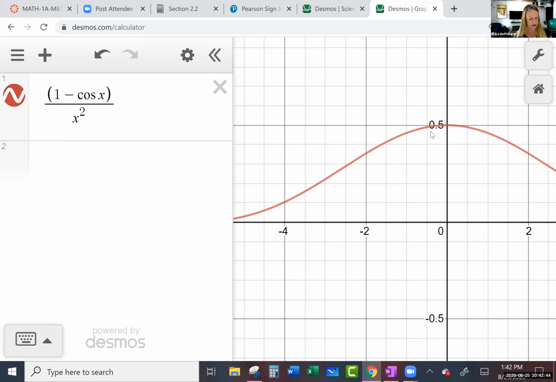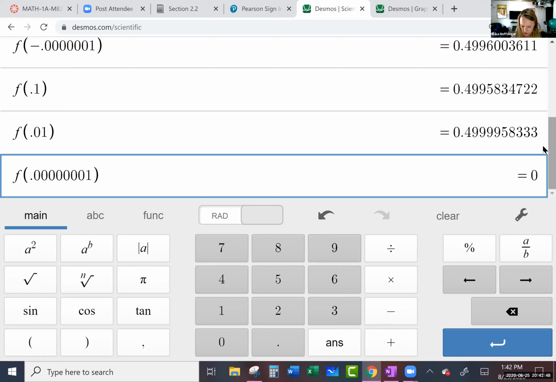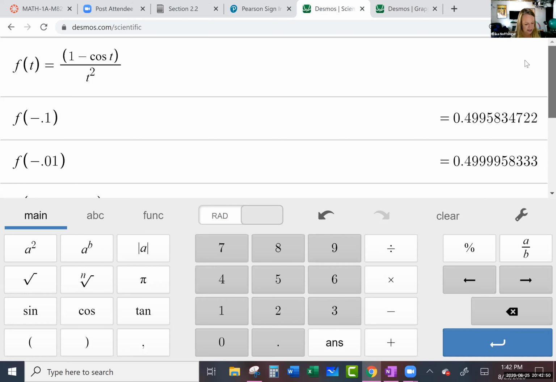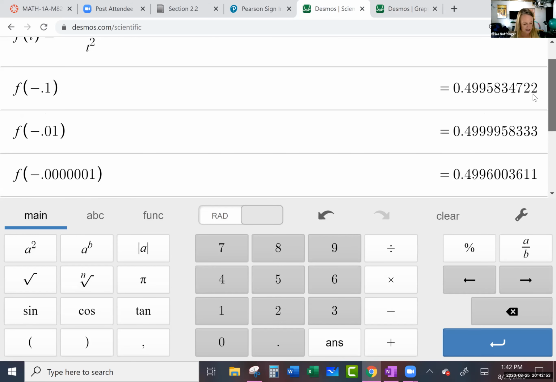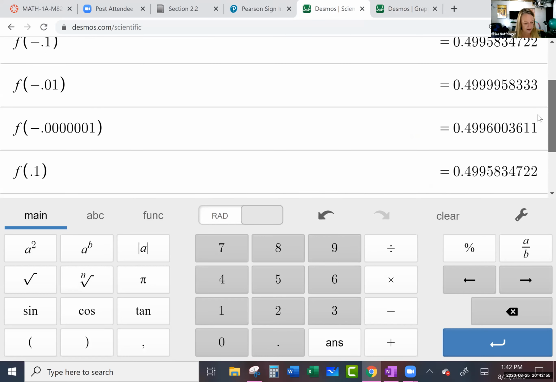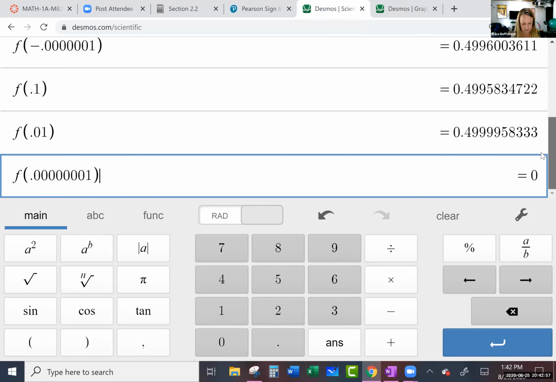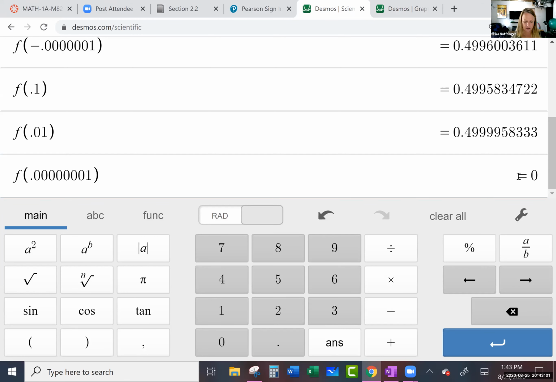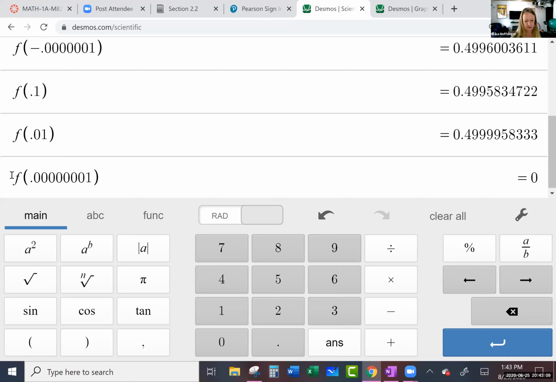I don't think that's what I wrote before. Maybe it was. Yeah, I did. And so notice here, these were positive 0.5. So I'm not sure what's happening right here and why that's spitting out 0, but that's interesting to me. And if I find out why that happened, I'll let you know.